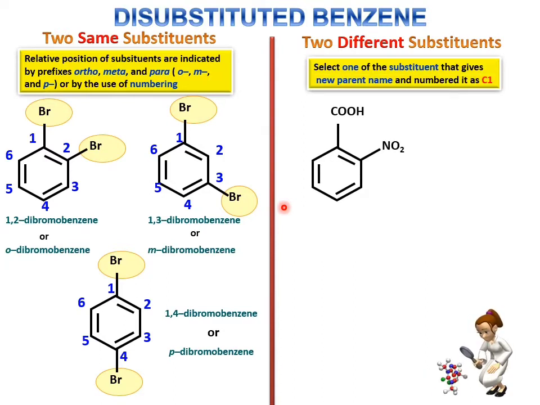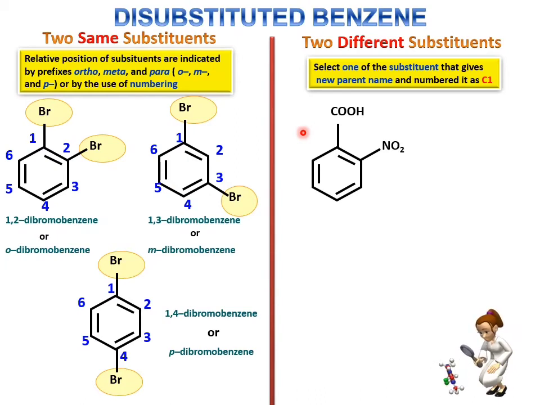Okay, how about if we have two different substituents like this? Okay, so you need to select one of the substituents that gives a new parent name and number it as C1. Okay, for example here we have two substituents. We have COOH and NO2. So just now we know that COOH when directly bonded with benzene, it has a common name. Bila dia ada common name, guys, common name tersebut boleh jadi sebagai parent name.